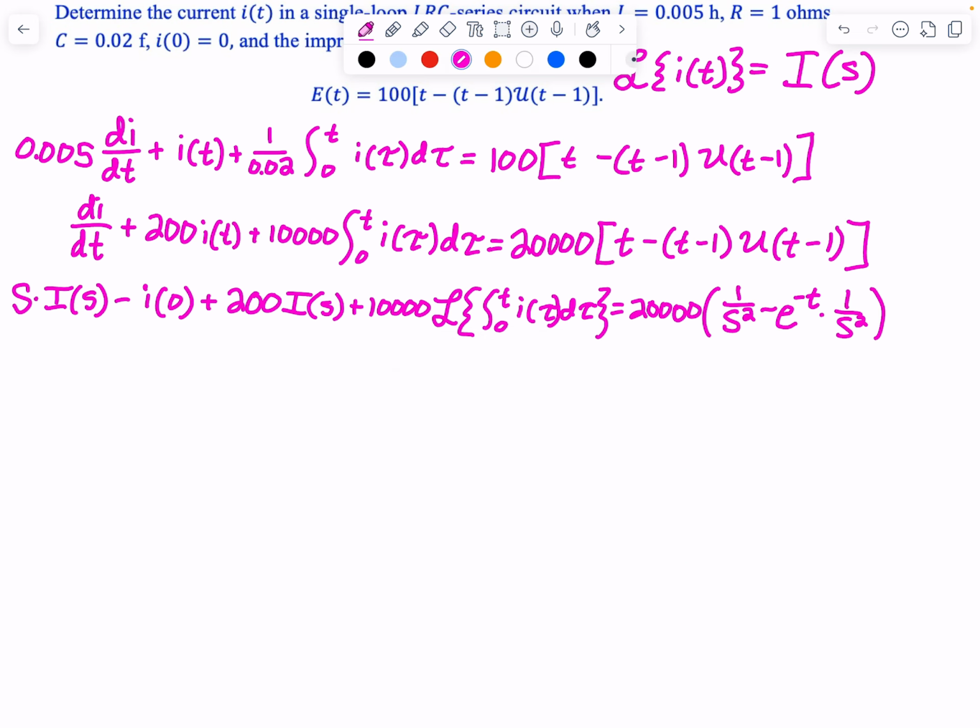All right, we can go ahead and put things together. I of 0 was 0, thankfully. I have I of s here plus 200 I of s, and then we got to work on this part. It's just a function. We have that rule for this. This is going to be 10,000 because that was the constant out front.